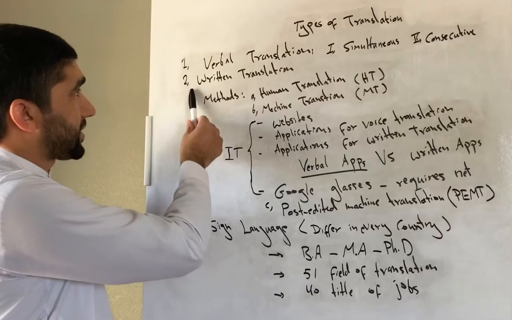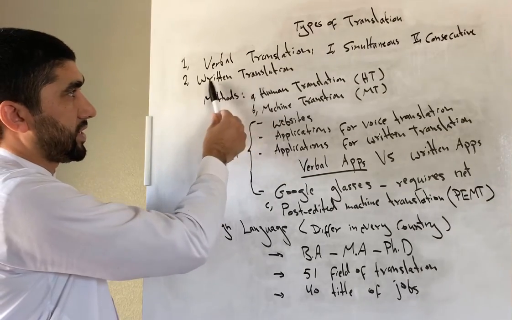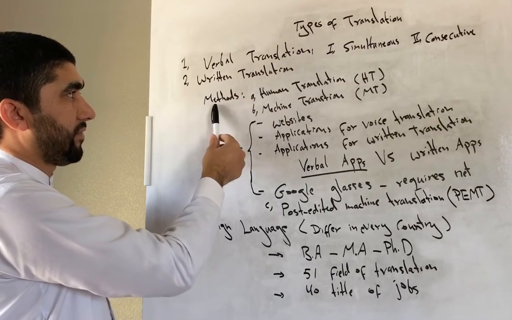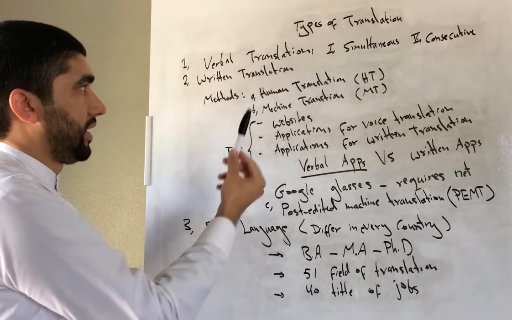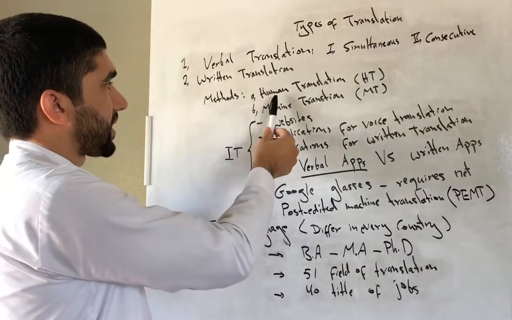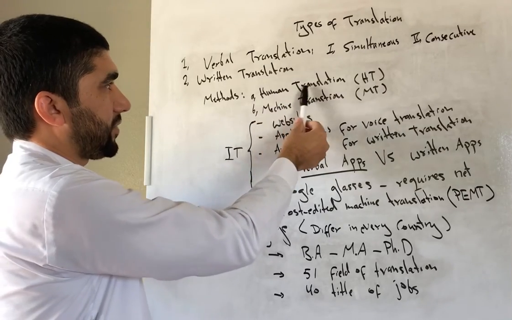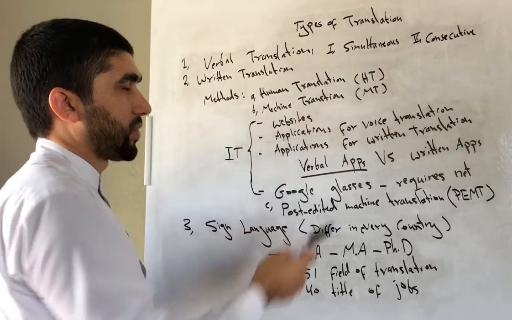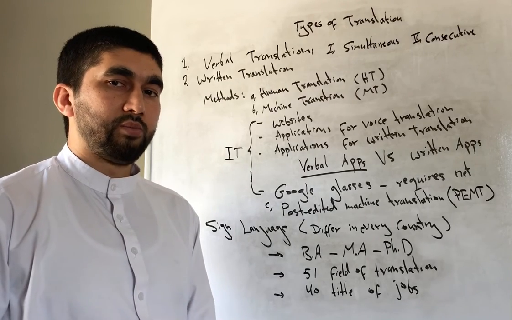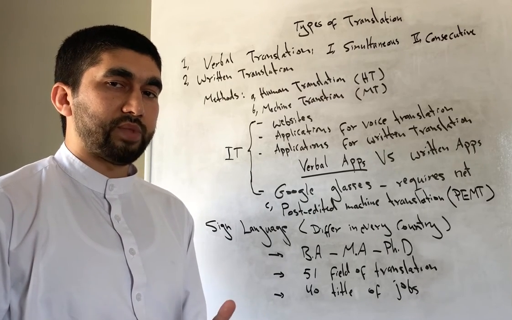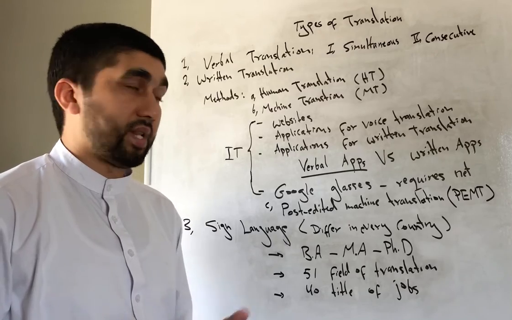Now, with the second one, written translation, we have the methods, and for methods we have some details. So the first thing is that with the methods we have human translation called HT, which simply means that somebody is just sitting with a notebook or on a computer, laptop or something else and just doing translation.